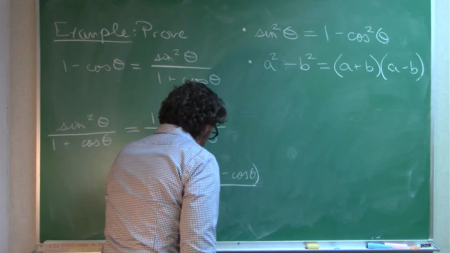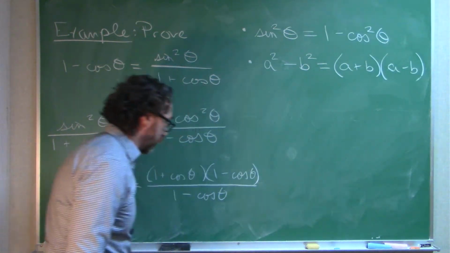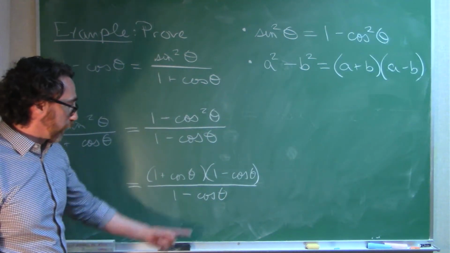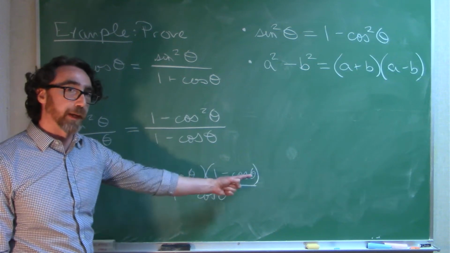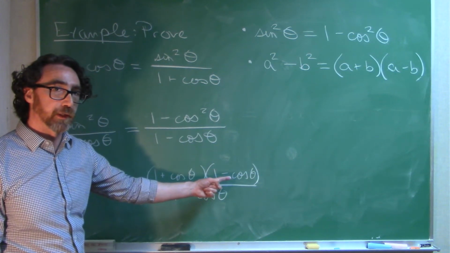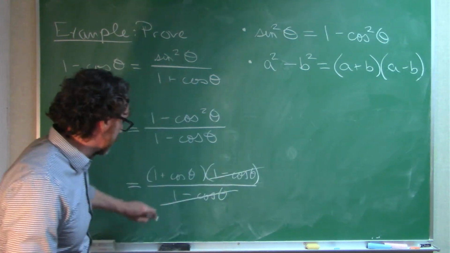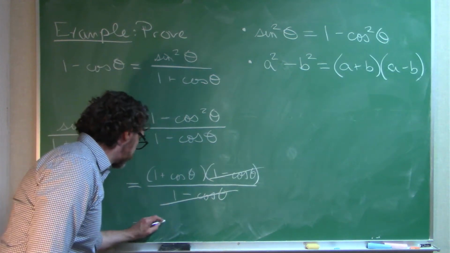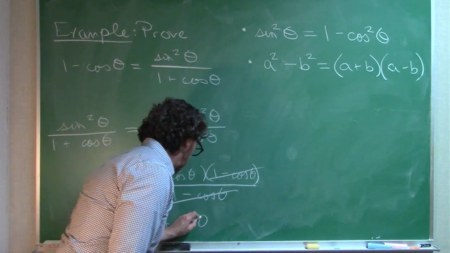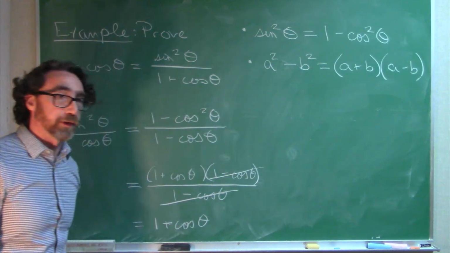My denominator, don't forget about that, that's still hanging around over there. Okay, notice I've got a factor of 1 minus cosine theta in my numerator. I've got a factor of 1 minus cosine theta in my denominator. So all I'm left with is 1 plus cosine theta.